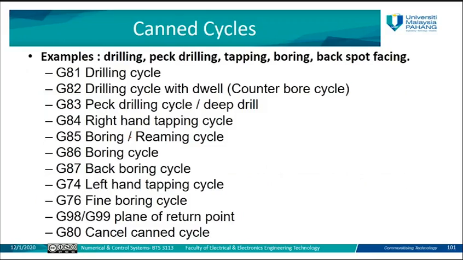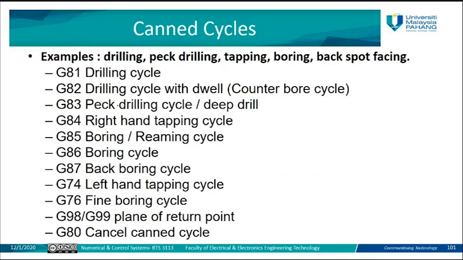These are some examples: drilling, peck drilling, tapping, boring, back spot facing, and so on. So these are all codes that will be used. As I told you, the codes that we listed before for G code or M code are not all the codes. We are not going to use all types of G codes, because as we said, there are many common codes between all companies, and there are also some companies that have their own extra codes.